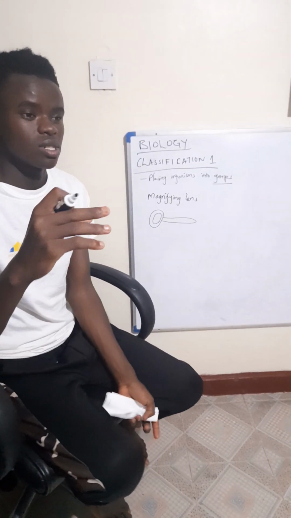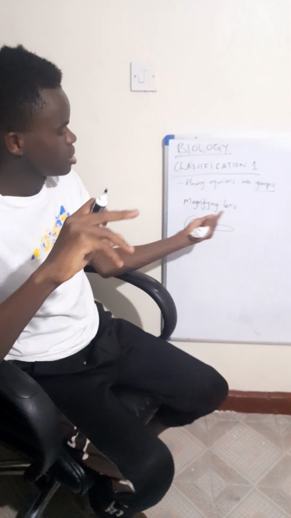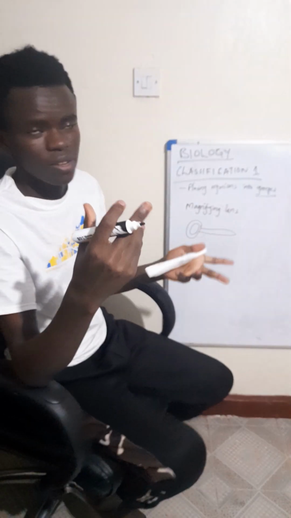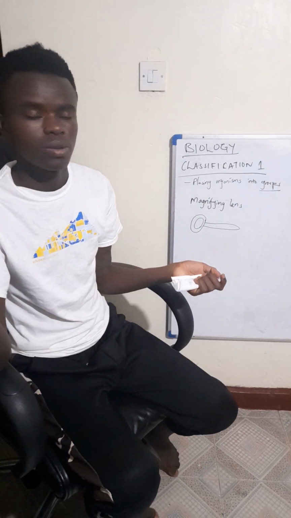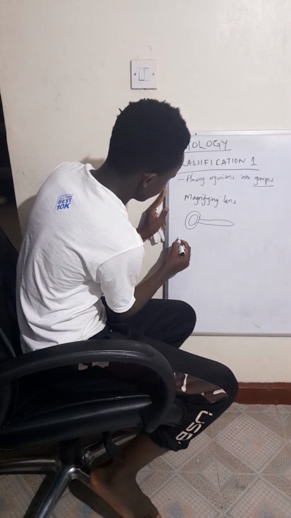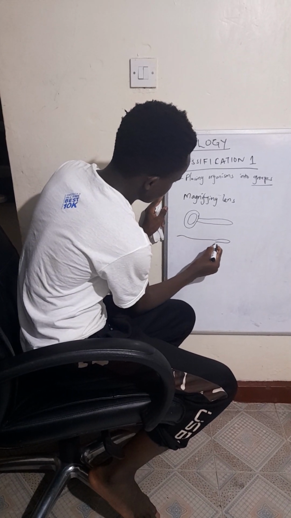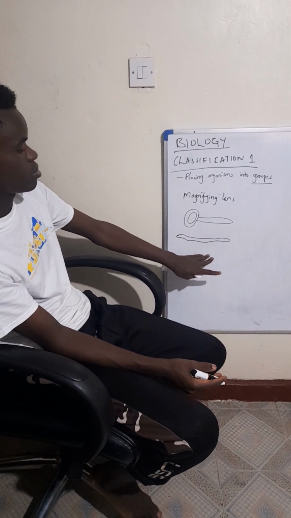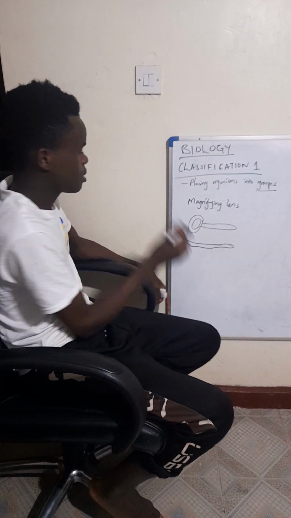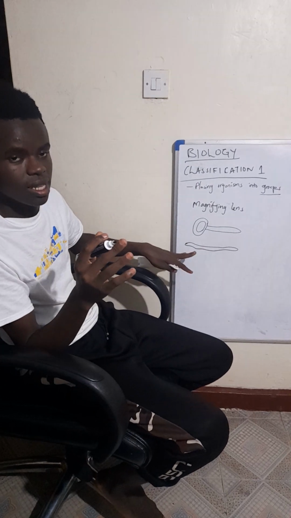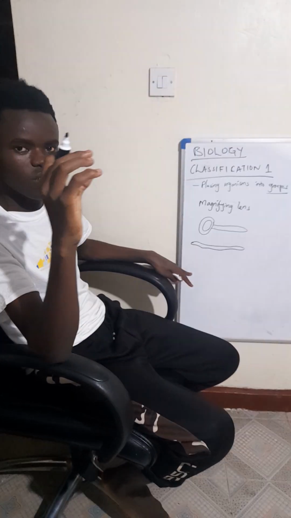Now, on magnification, we said magnification is the process of making small objects appear larger. There's a formula we are going to use to calculate magnification. Assuming this is an atom, I've just drawn it randomly here. This is the drawing length, and this is the actual length of the atom.